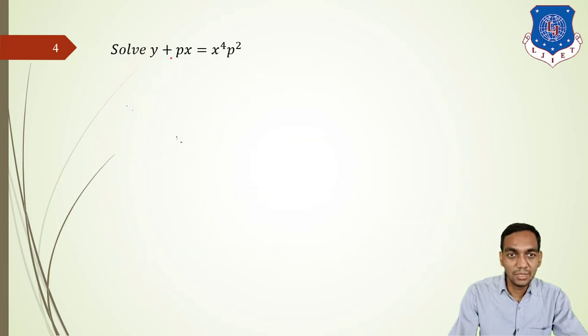So, the first example we have is y plus px is equal to x raised to 4 into p square. Now see, here the factorization is not possible. So, I am differentiating with respect to x.